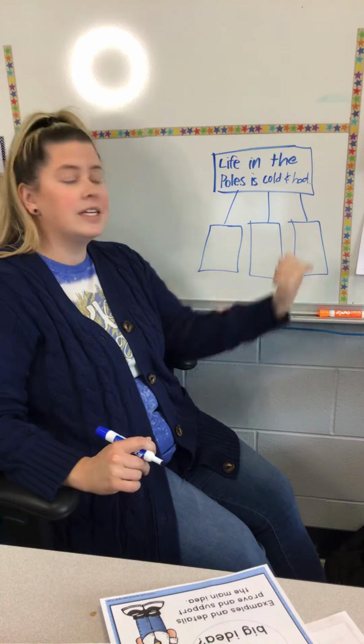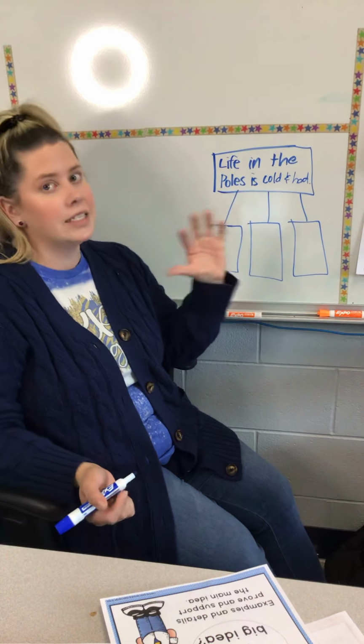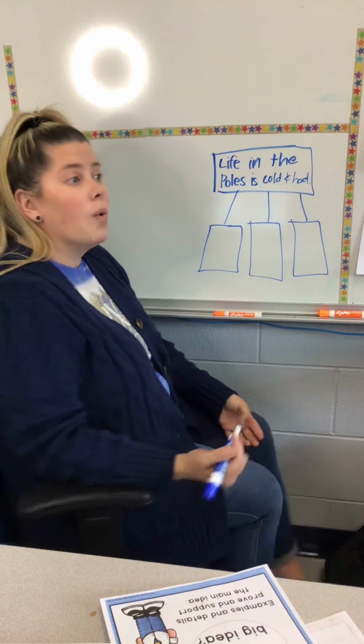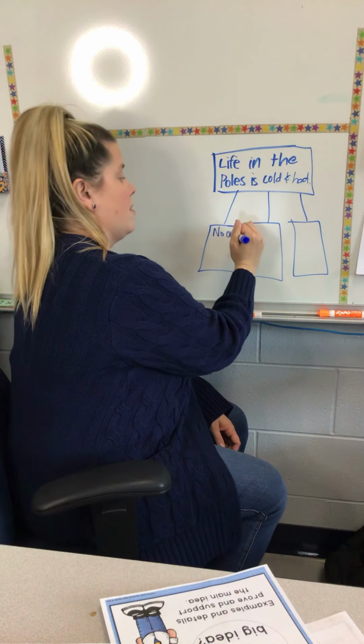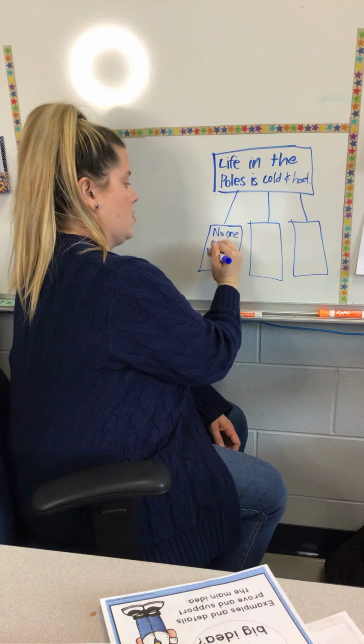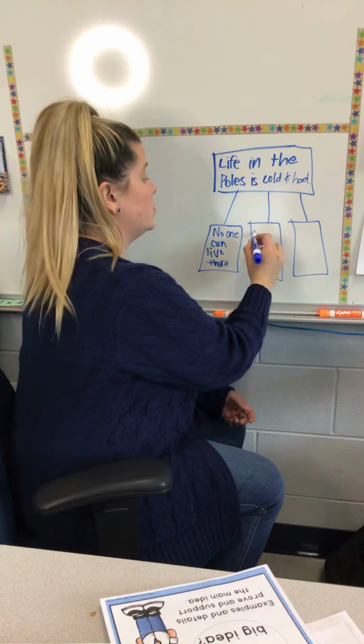What about supporting details? Do you remember things that you read that would make you believe that's definitely the main idea? Well, they talk about how no one can live there because it's so cold. They talk about how there are few animals.